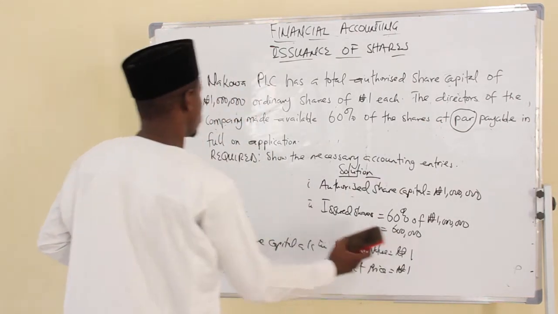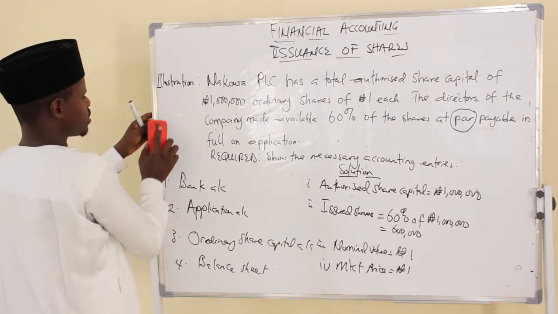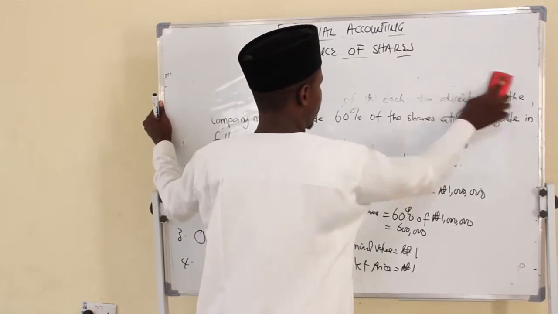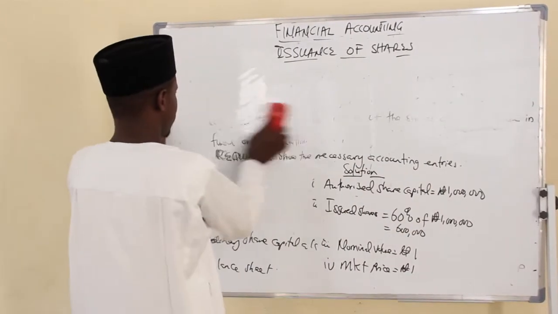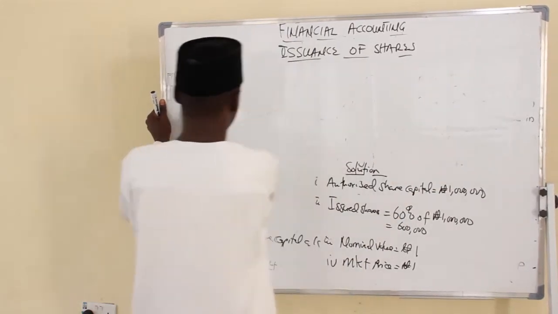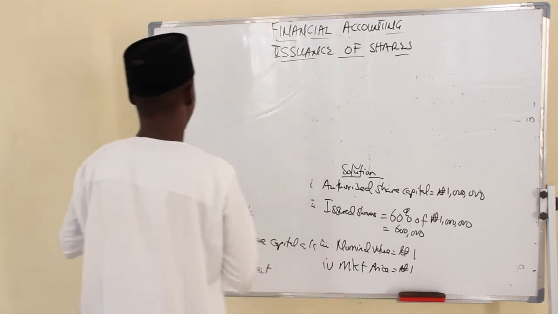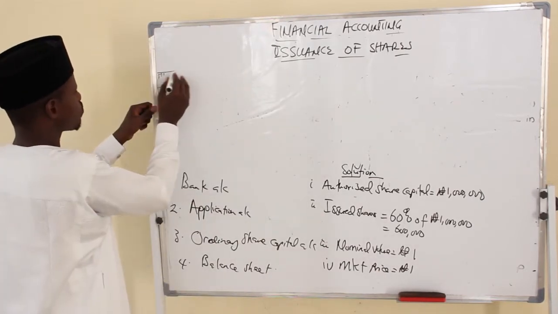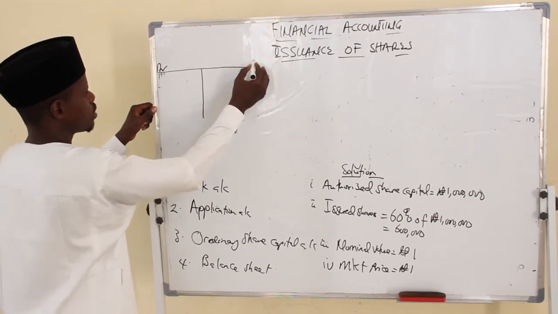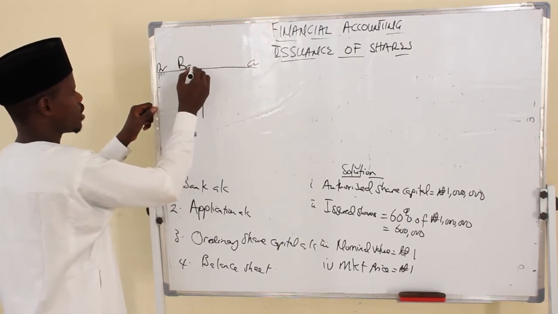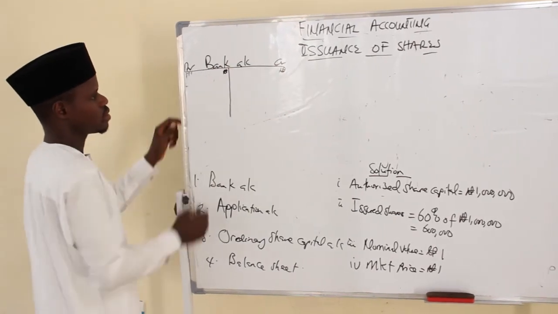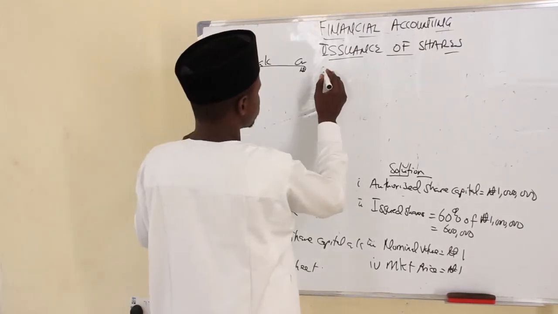Now, the next step is for us to show the accounting entries. We said we are required to open a bank account. You open a T account, debit side, credit side, you have your bank account, and your Naira sign. We said we are going to open an application account.